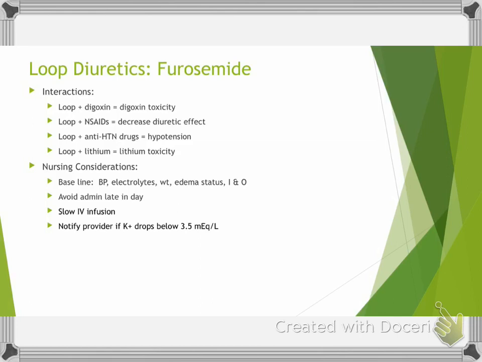So generally, we don't want to give it after 2 o'clock p.m. in the afternoon, okay? So they should get it first thing in the morning. If they have to get an IV infusion, we want to do it very slow to help prevent hypotension and hypovolemia. We want to notify the provider if the potassium drops below 3.5.